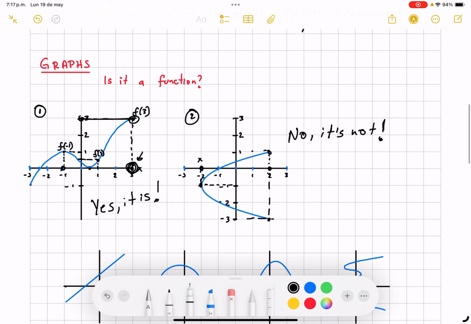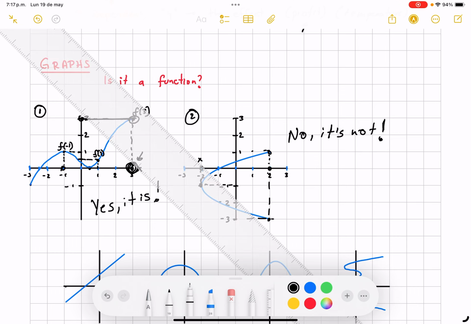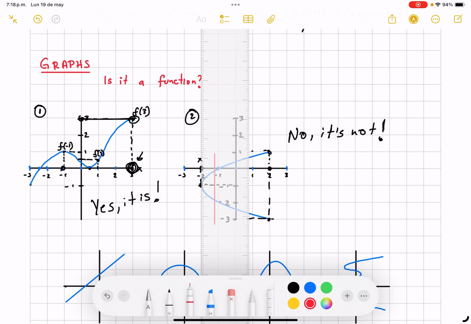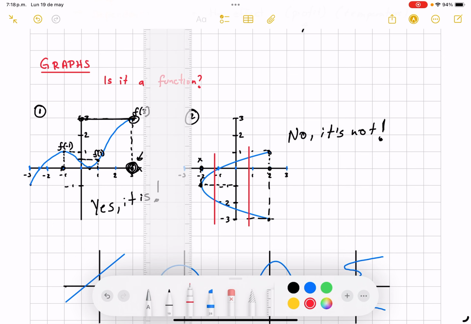All right? So I can determine if a graph is describing a function using a very simple rule, that is the vertical line rule. If I can draw a vertical line and the line is touching 2 points or more, it's not a function.